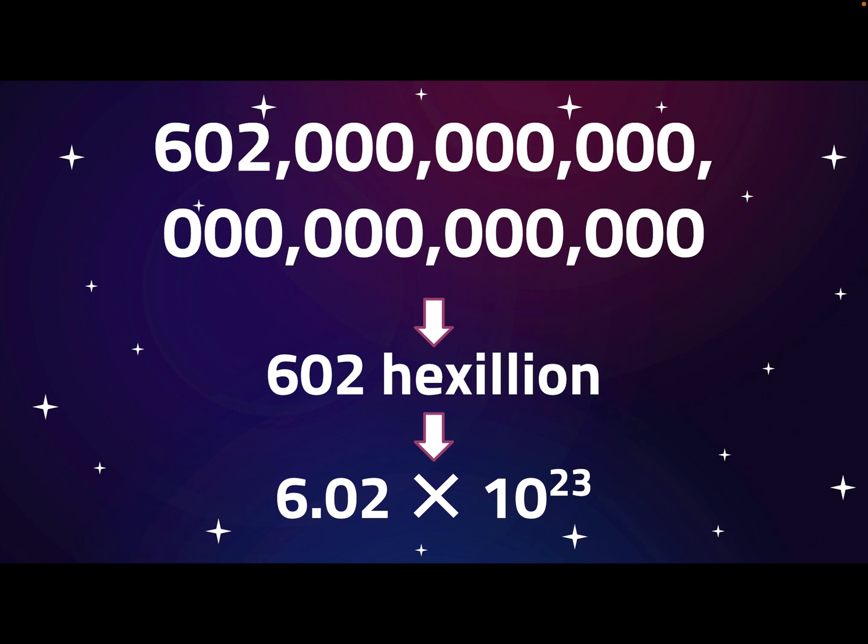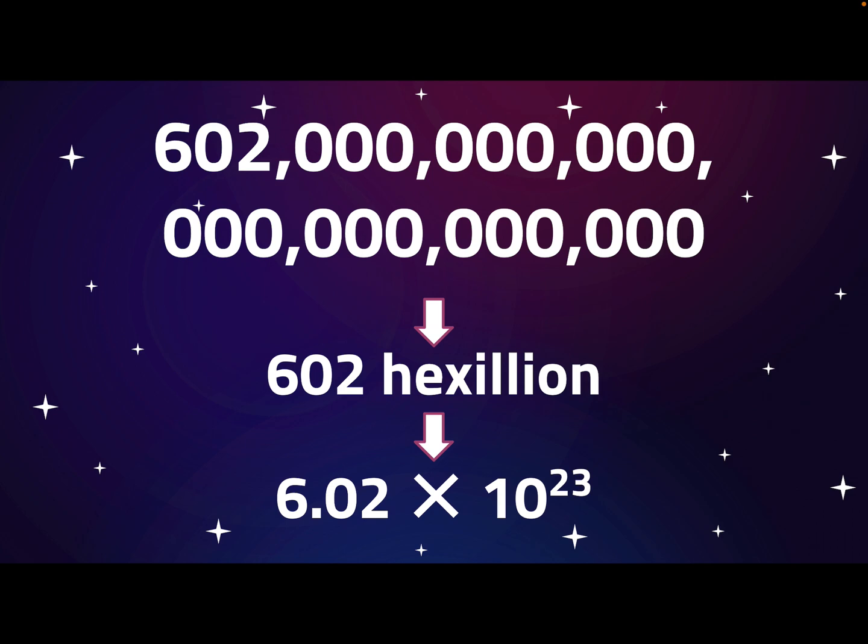So in scientific notation, 1 mole is written as 6.02 times 10 to the 23rd things. You may also see it represented as 6.022 with an additional 2 on the end. It really depends on how many of those significant digits you're including in here, how accurate or how precise you want your number to be.